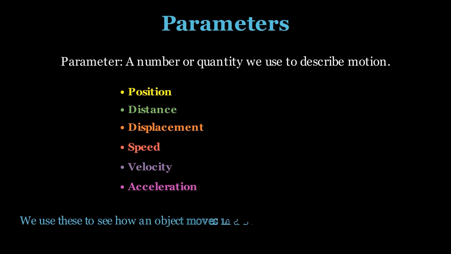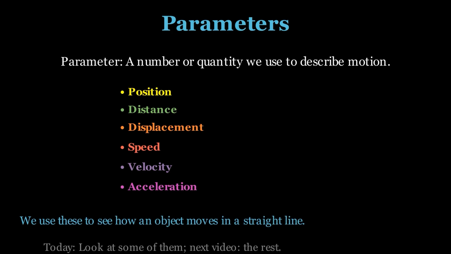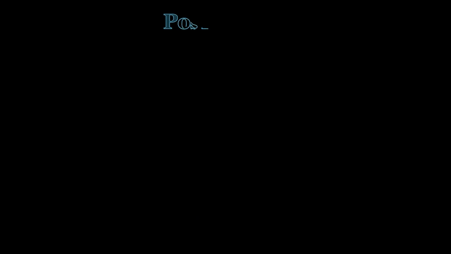We use these to really understand how an object moves along a straight line. In this video, we will cover a few of these parameters, and in the next video, we will continue with the rest.